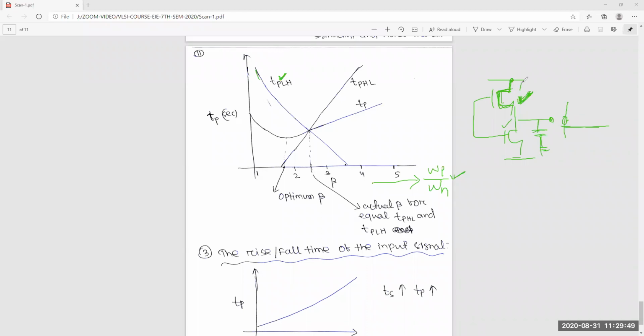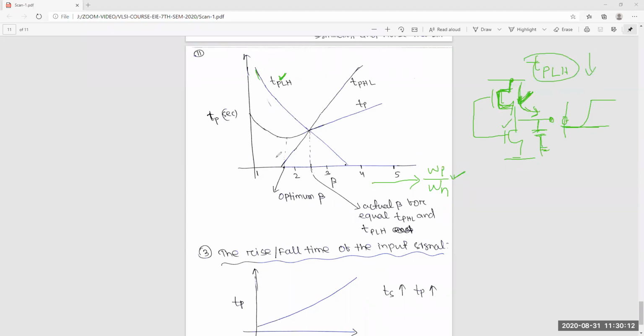So this will charge fast. That means less time will be taken. That means TP low to high. So it will charge fast. That means if you gradually increase this value, then this TP value will decrease.